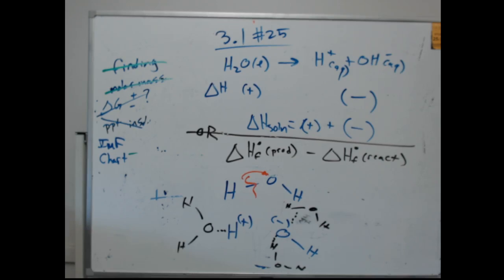If this wasn't a graded problem, what would I do next to figure it out? I would just look up the table of delta H, do the sum of products minus the sum of reactants, and figure out what the delta H for the reaction is. Then I'd know.